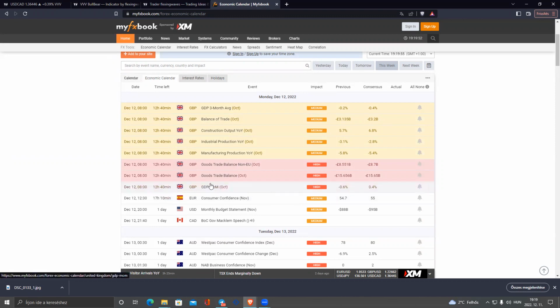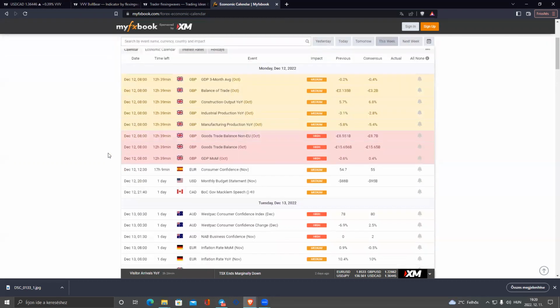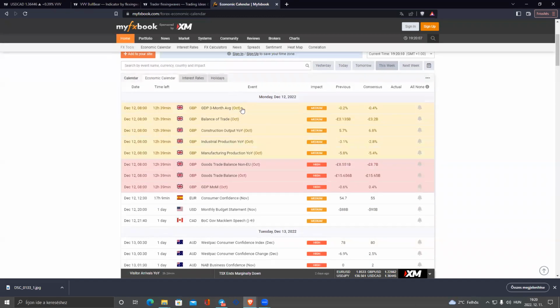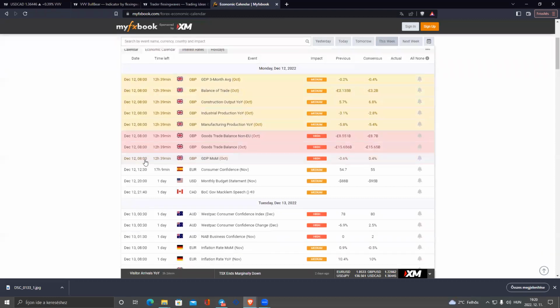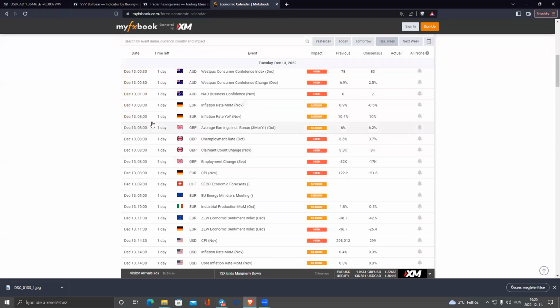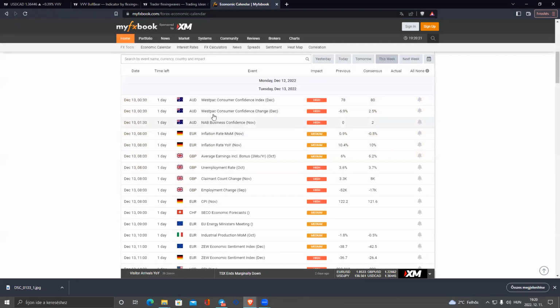This could have an effect on the GBP start of the week, and we're gonna look also on the indexes, what they're showing us. So I think Monday there will possibly be a high volatile day starting at 8 a.m. Then Tuesday also some GBP news, and the business confidence of the Australian dollar could be also interesting in the evening.